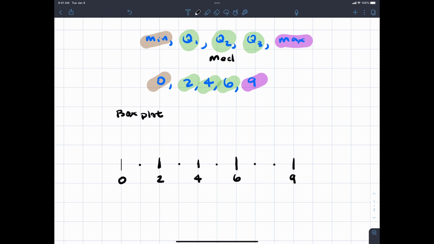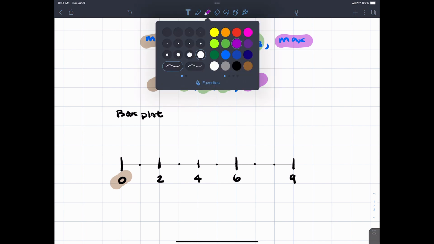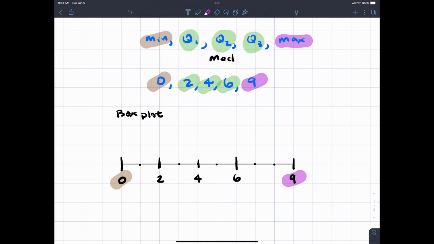So for all of these values that we found, we're going to put these vertical lines, okay? And then we're going to connect this with a what? Horizontal line. From the minimum to the what? To the maximum, going by that unit length, okay? And they're all equal length. Now, what was the 2, 4, and the 6? It's kind of interesting.